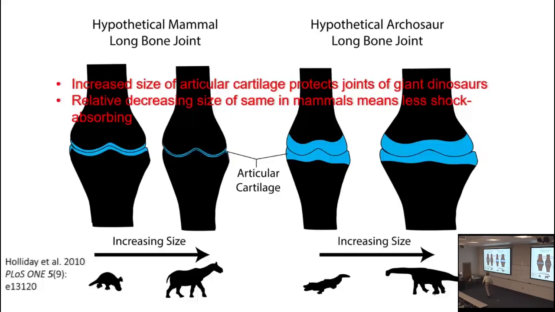In contrast, among living archosaurs, and so far as we can tell from their osteological correlates, in ancient archosaurs, articular cartilage grows at isometry, the same fraction. And so dinosaurs seem to have cushier joints, regardless of how big they got.